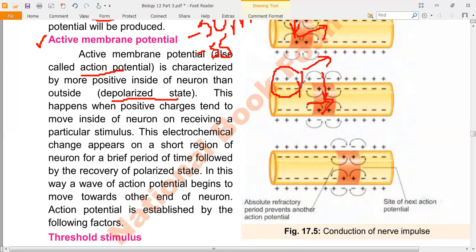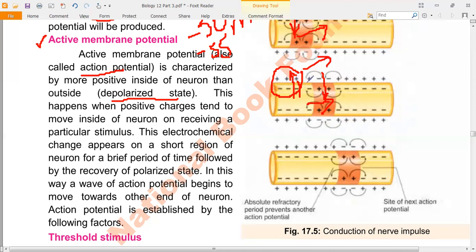But when this potassium gate opens at the back, potassium will move outward, and yet sodium is inside, but potassium is moving outside. The potassium gates conduct the potassium ions outside very slowly.